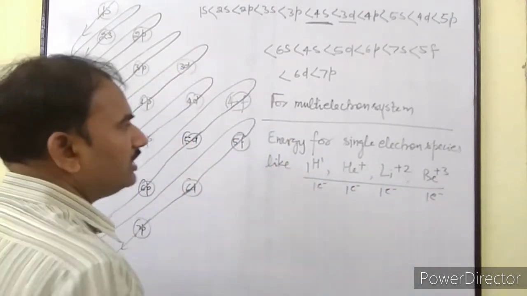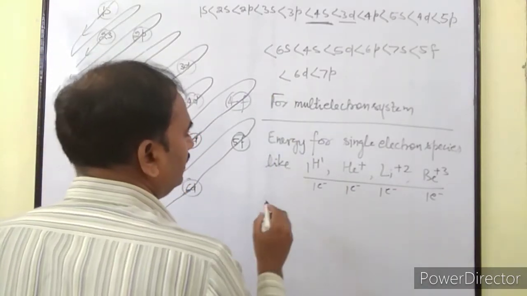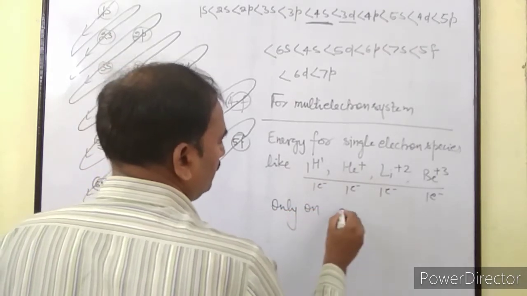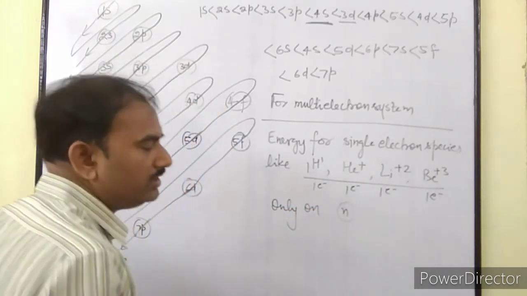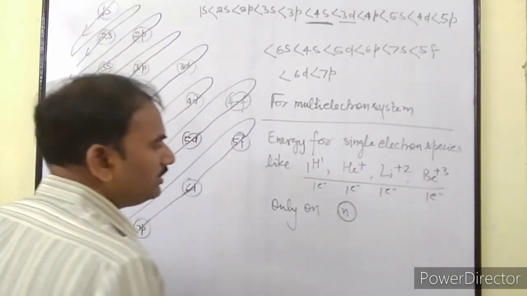So in case of single electronic species, energy of orbitals depends only on principal quantum number n.